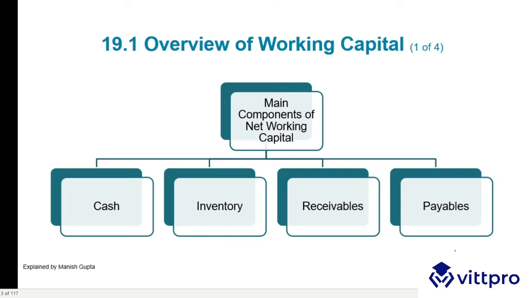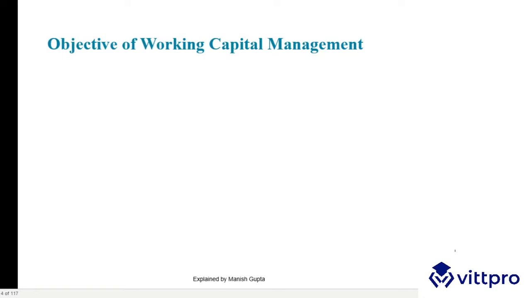In order to maximize your return on total assets, you have to minimize the net working capital. Okay, that's the goal. Now, the use of working capital we already understood, right? Now, the objective of working capital management itself is to run the firm with as little money as possible, right?